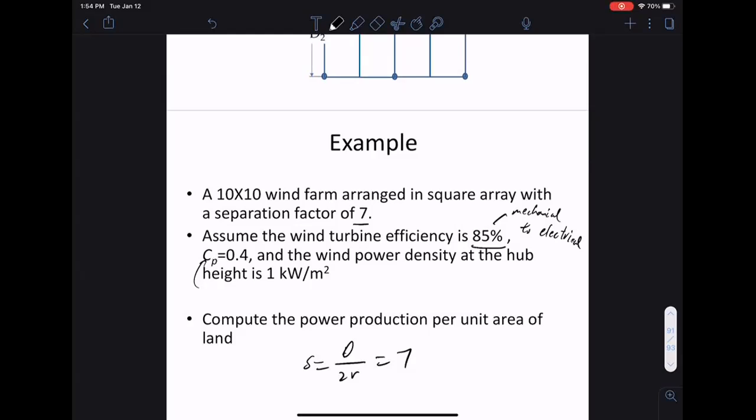And the wind power density is 1 kilowatt per meter squared. The quantity we want to compute is the power production per unit area of land. If you're going to buy land, you want to figure out, given this piece of land per unit area, how much power am I getting? So this is the power density with respect to the real estate you have while building turbines. Let's see what this is.